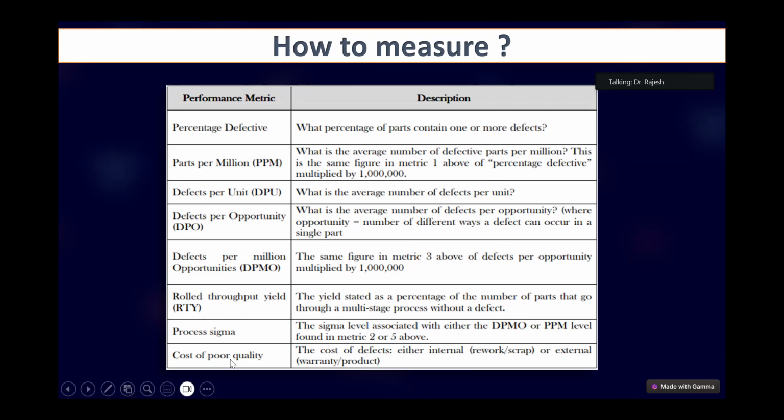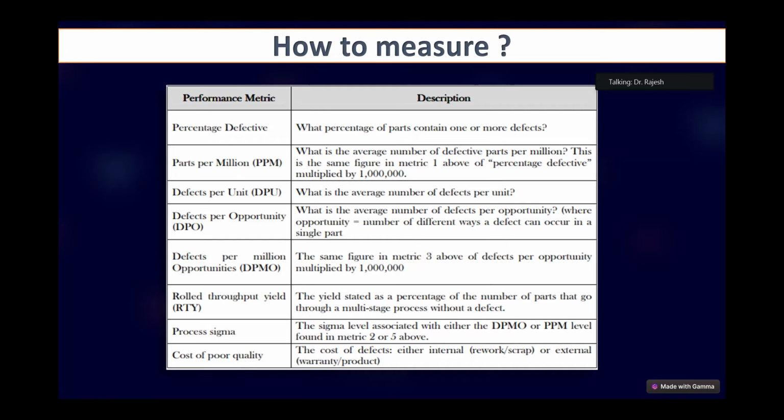And cost of poor quality. So always think in this way. For example, a team is missing the 5G modifier. What you're trying to do is put a quality team, and the quality team is going to check it, and then you put a manager who is going to check it. Everyone is trying to fix the same problem. Think of the cost: how many hours they're going to use to identify this particular problem.